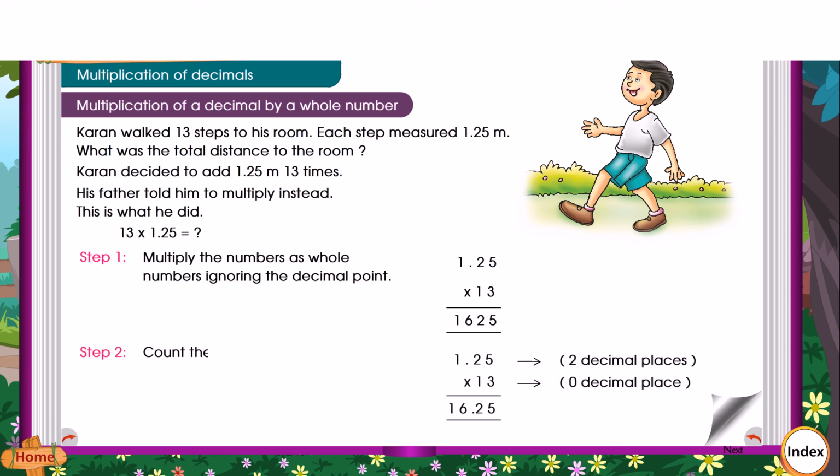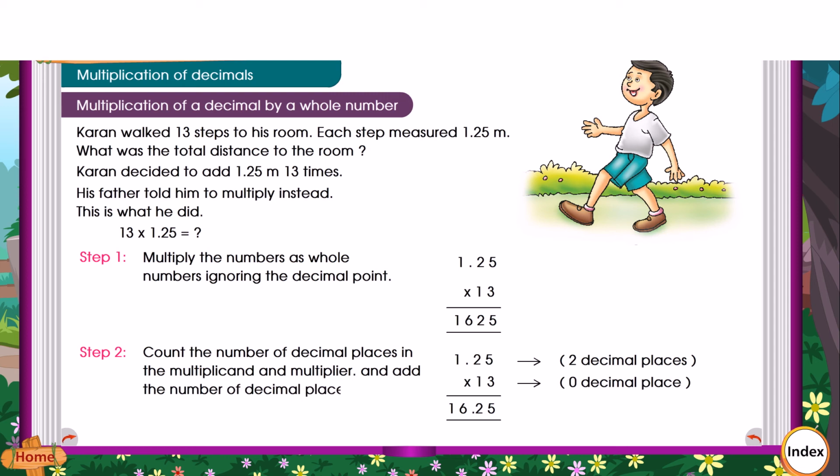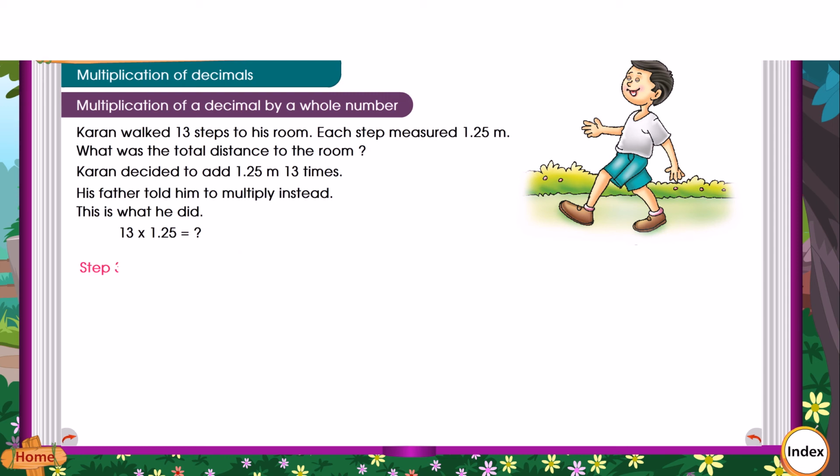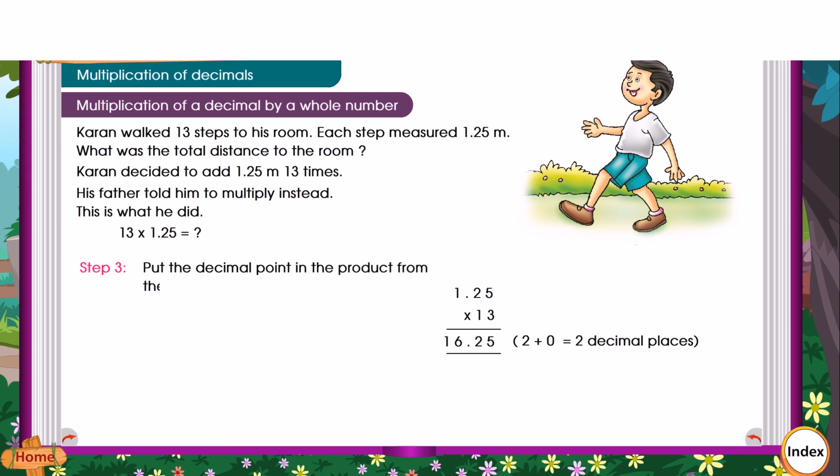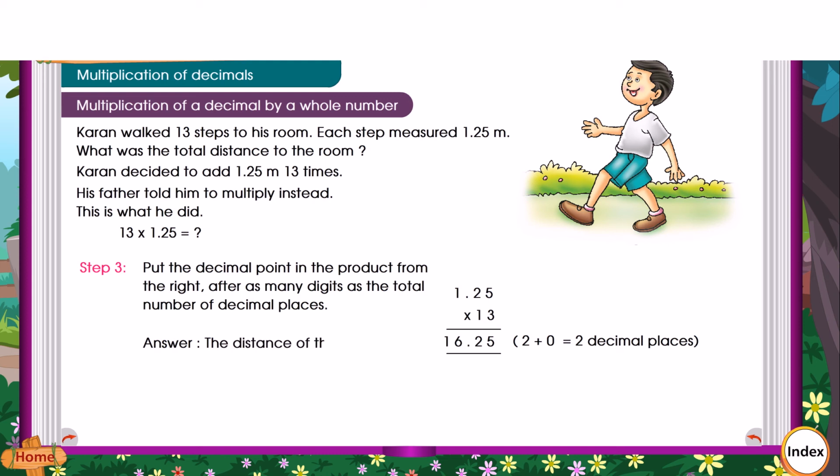Count the number of decimal places in the multiplicand and multiplier and add them. Step 3. Put the decimal point in the product from the right, after as many digits as the total number of decimal places. Answer: The distance of the room is 16.25 meters.